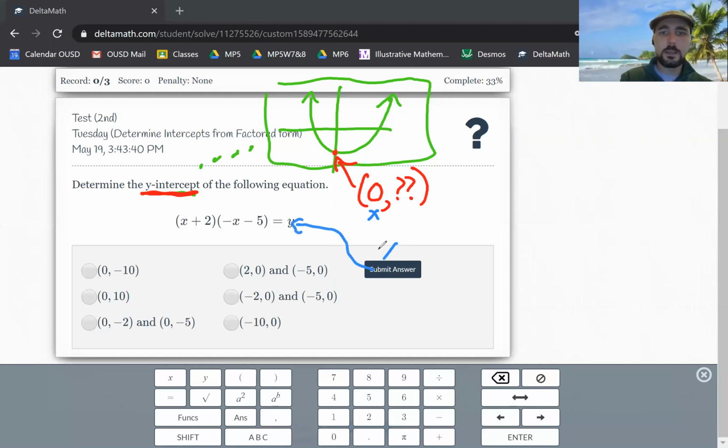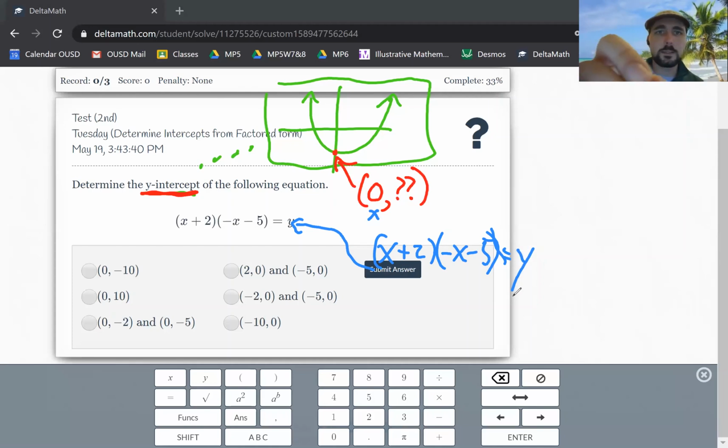So we're going to take this equation over here, and it used to be (x + 2)(-x - 5) = y. It's a bit messy, but whatever.